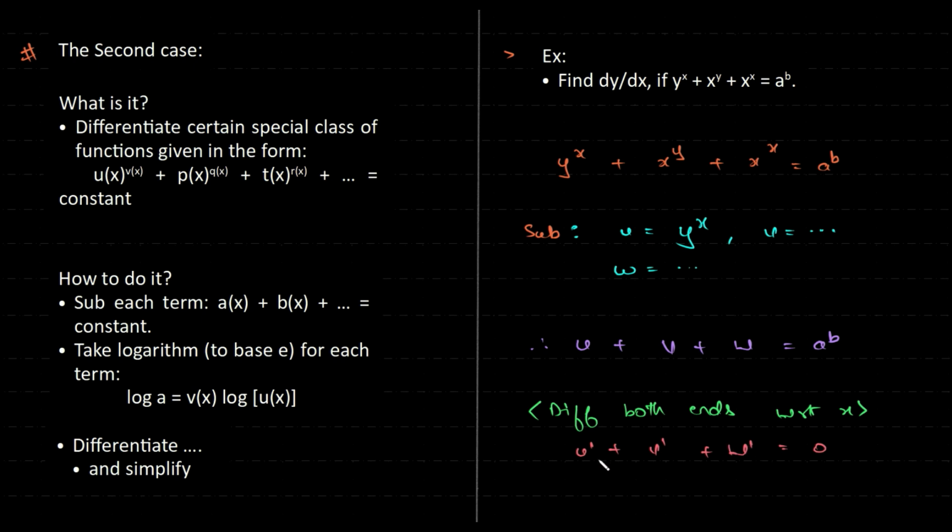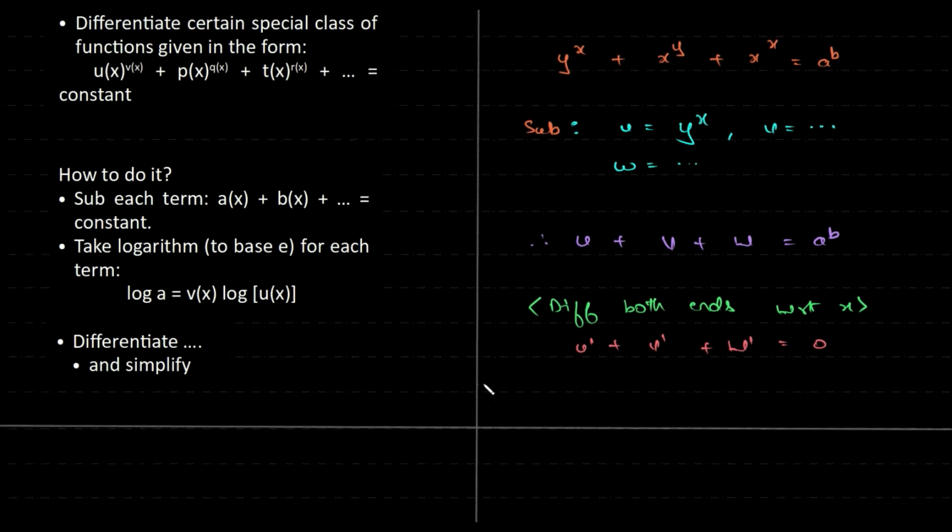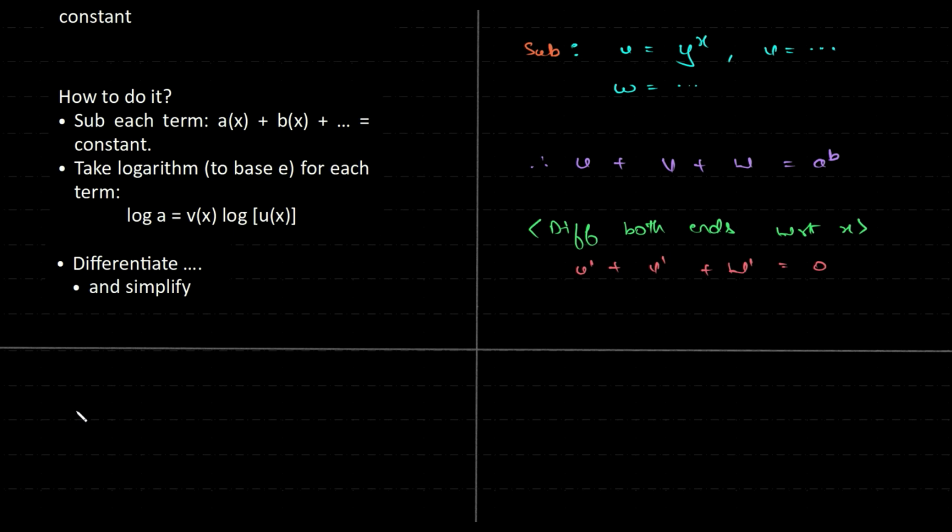Now, where will you get the u prime, v prime, w prime? Because that's the question, right? At the end of it, we have to derive y prime. dy by dx is what we have to figure out. So we go back to what we substituted. We have u, which is equal to y to the power of x.